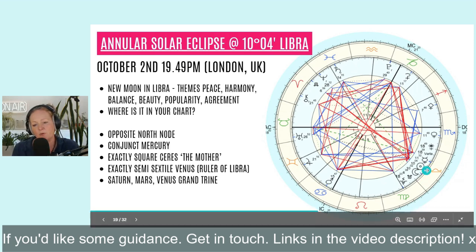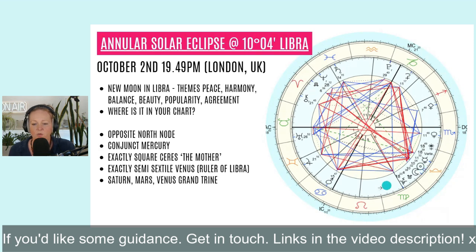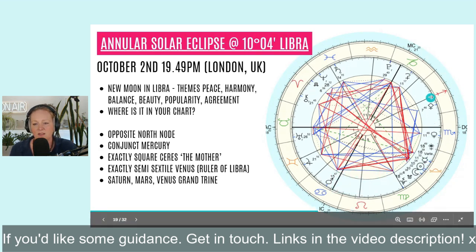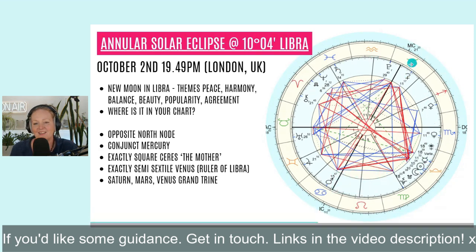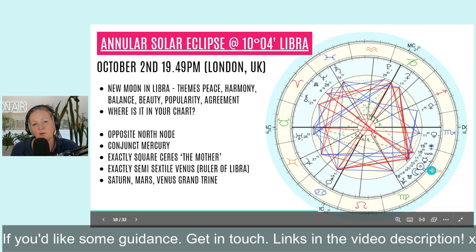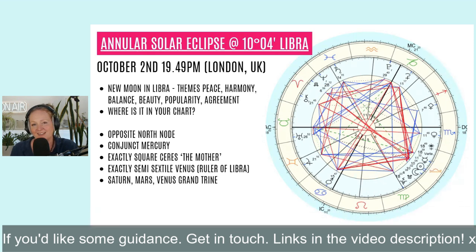In the sign of Libra, which traditionally is a male sign. All the fire and air signs are the male signs, and the earth and water are traditionally the female signs. But Libra is very much about appearances and graciousness and partnership, which is more of the feminine than the sort of deeply masculine Aries sign.